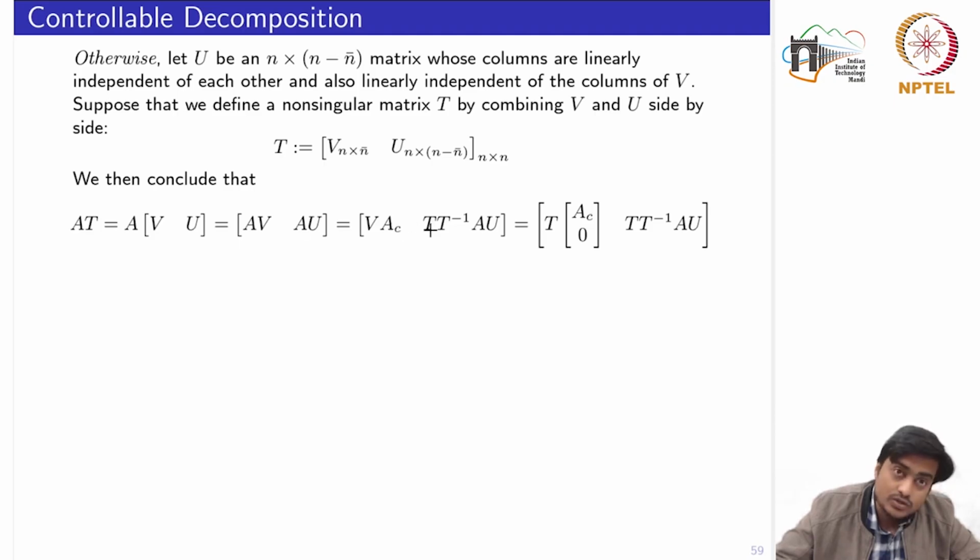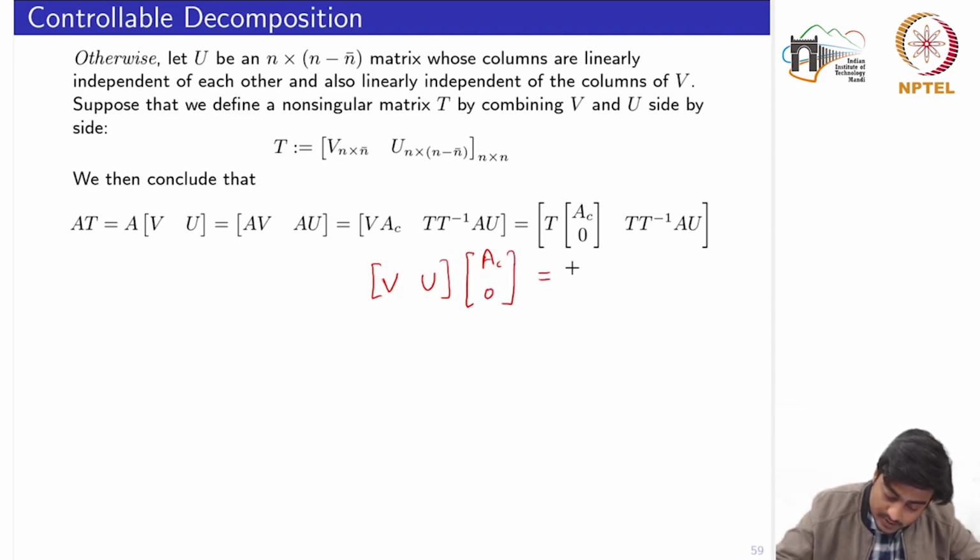And since T is non-singular, T into T inverse would be an identity matrix. So I have replaced the identity matrix by T into T inverse in the second part. Now V into AC, I can write it as T and this matrix. Let's see if you have faced any difficulty: T is your V U, and this matrix is AC 0.